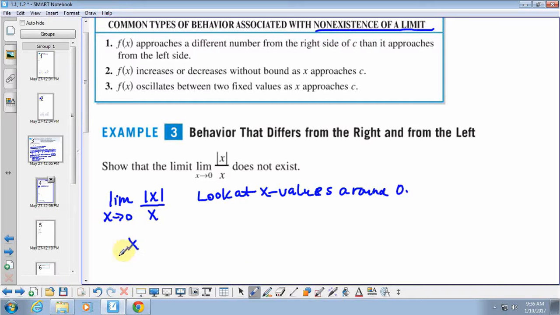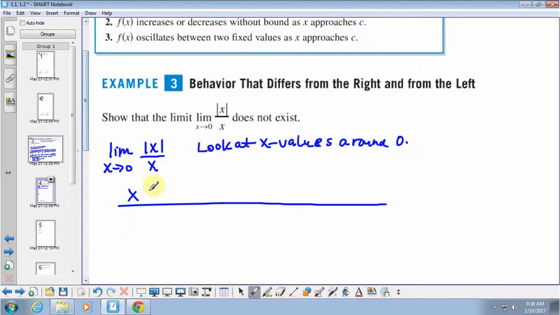So let's look at x, f of x. Let's put in -3, -2, -1, 0, 1, 2, 3.